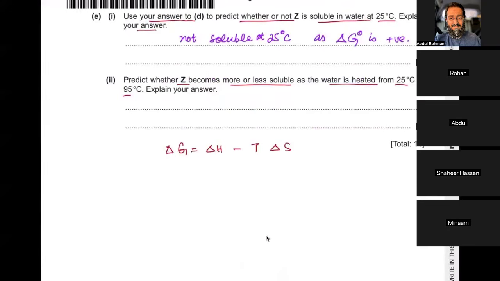Okay, so more soluble. Minus T delta S would become more negative, right?